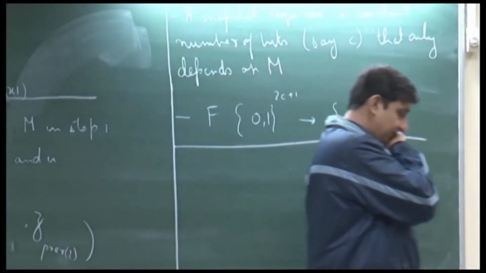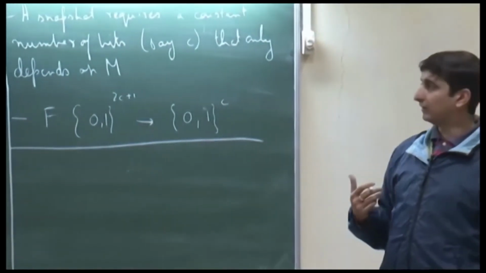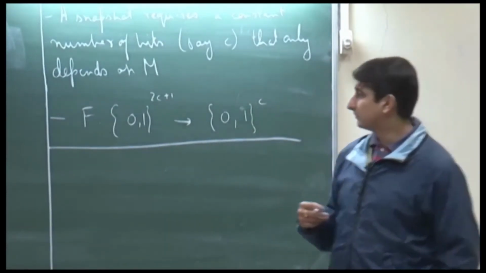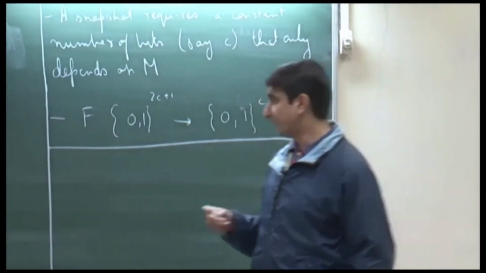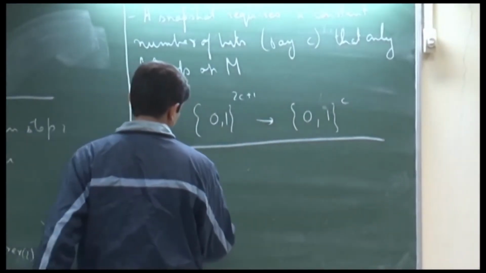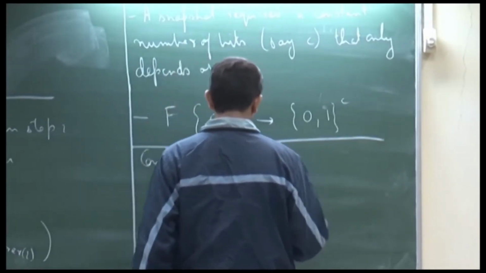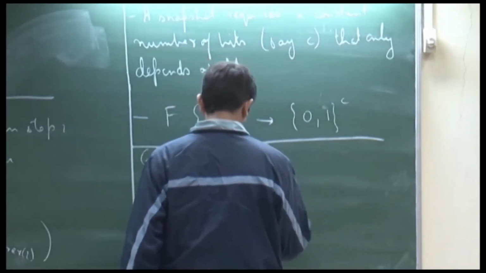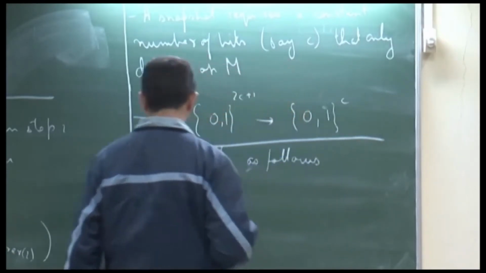So, now we have all the tools that we require. We just need to go ahead and define what the Boolean formula would be corresponding to x. So, now construct Boolean formula phi of x as follows.